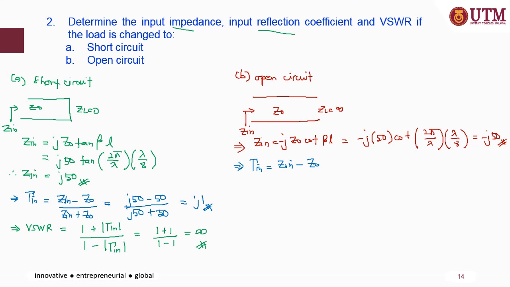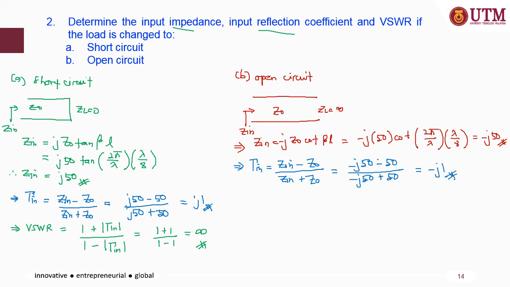Zin minus Z0 divided by Zin plus Z0. So your Zin just now is negative j50 minus your Z0, which is 50, divided by negative j50 plus 50. So you should get your input reflection coefficient equal to negative j1.